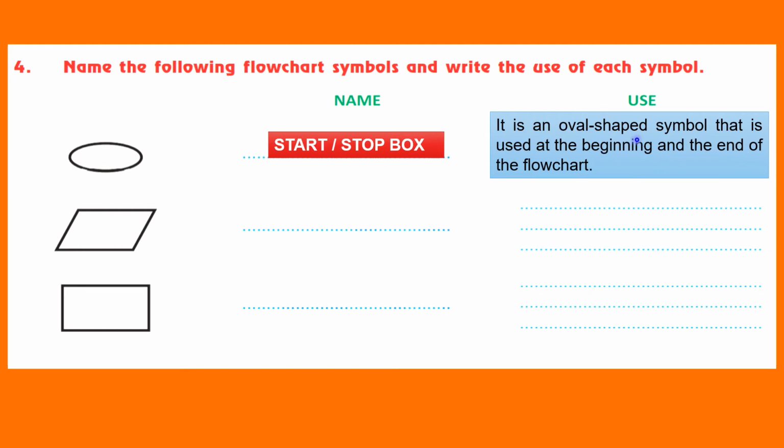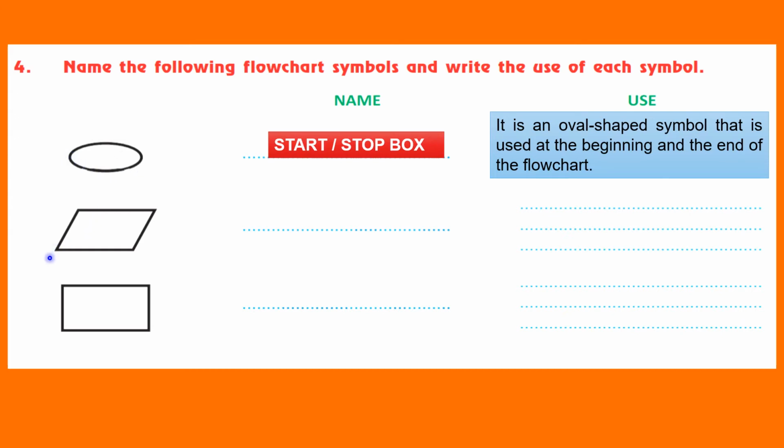It is an oval shaped symbol that is used at the beginning and end of the flowchart. Whenever we start a flowchart, we always use this symbol, and whenever we want to close a flowchart or we want to show the end of a flowchart, this symbol is used.